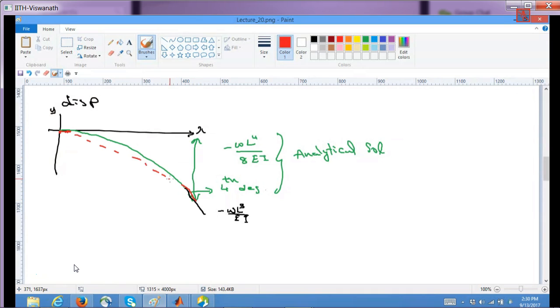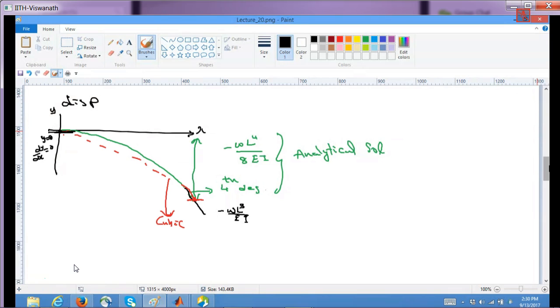But this is cubic, and it agrees on the same thing. The tangent is the same as the analytical solution. The green one is the fourth degree curve, and the red one is cubic, but they agree at this place. At the other node, we know y is equal to 0 and dy by dx is equal to 0. That's the reason you can see the tangent at this place is horizontal and the displacement is also 0.